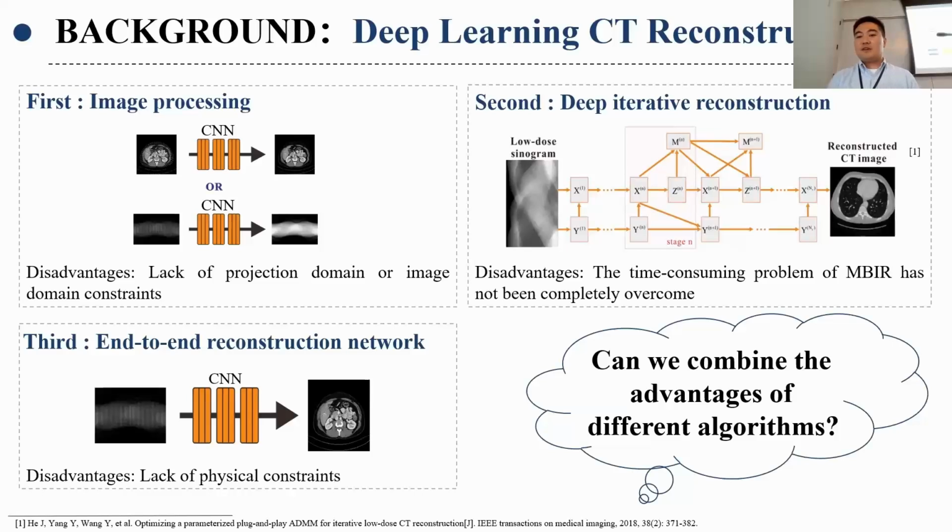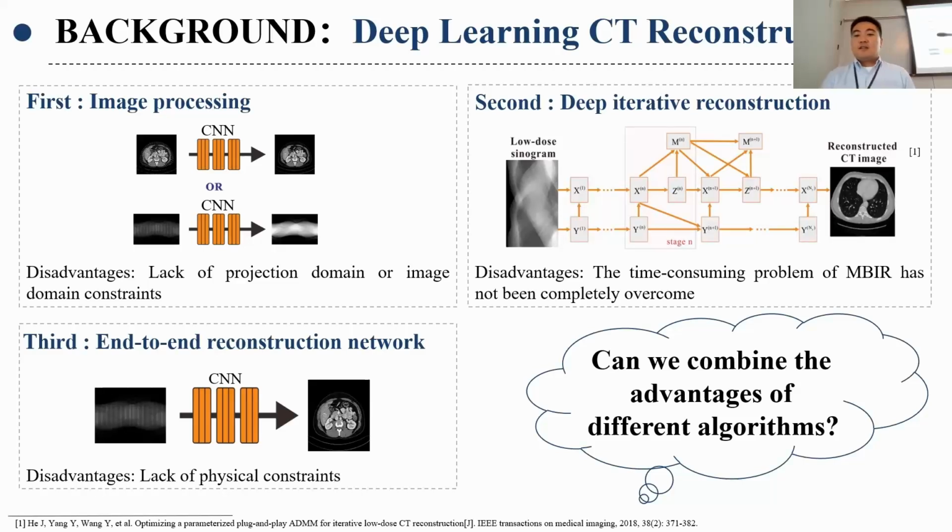It is difficult to reconstruct high quality images from CT images because of lack of physical constraints. In addition, since CT images and projections have larger dimensions, a very large network is required to learn the relevant transformation, which is very difficult.